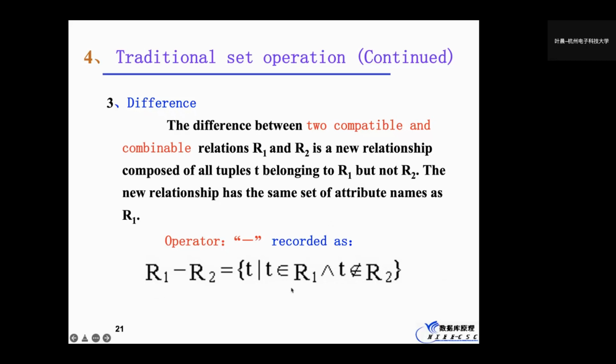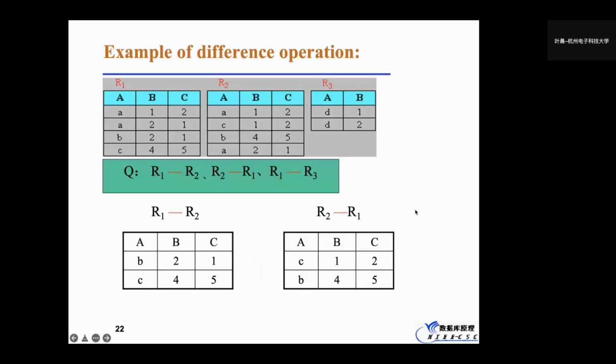Now let's see an example of how to do this minus operation. If we do R1 minus R2, we want to find the tuples that belong to R1 but do not belong to R2, so we have these two tuples.